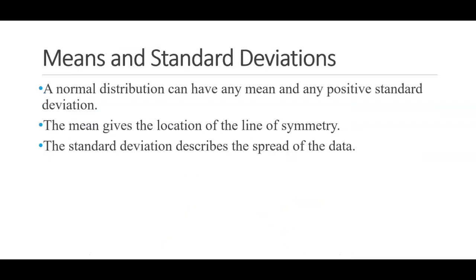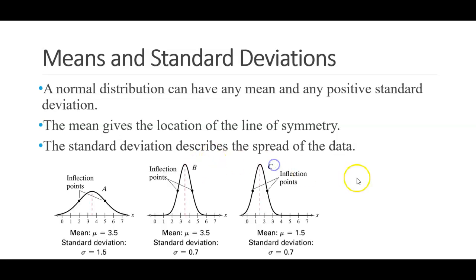So we will be slowly using chapter 3 and chapter 4 knowledge and incorporating it into chapter 5. Mean and standard deviation: a normal distribution, so keep in mind the word normal distribution, can have any mean and any standard deviation, any positive mean and any positive standard deviation. The mean gives you the line of symmetry, that is, the mean is exactly in the middle.